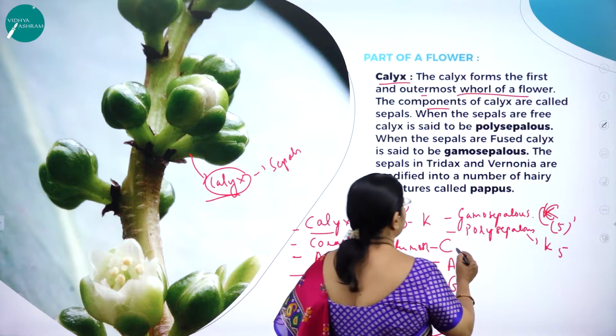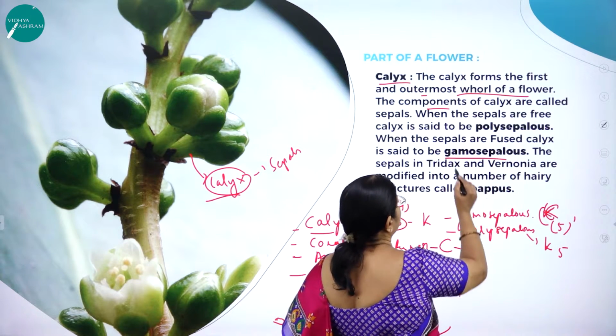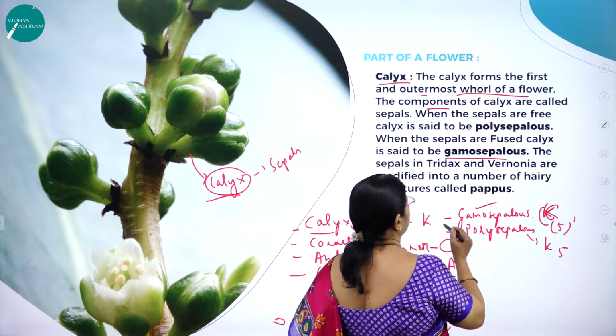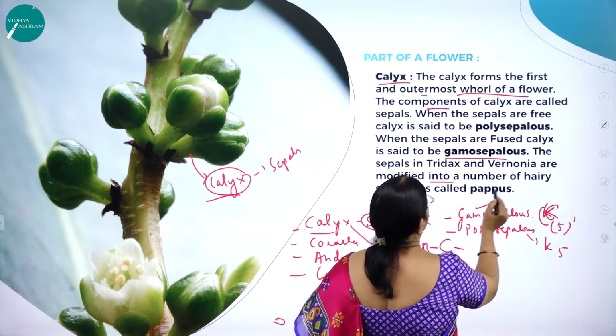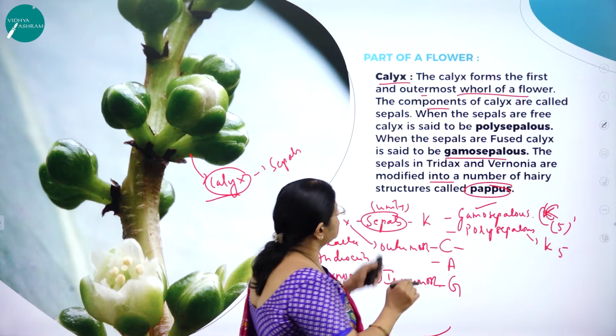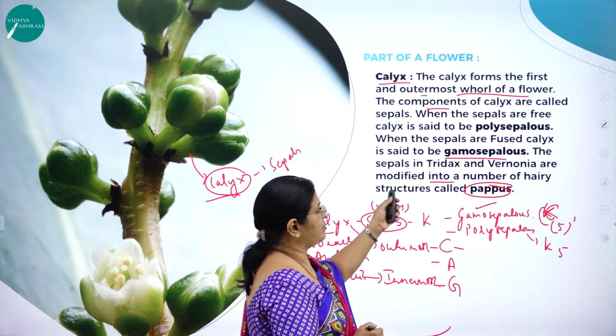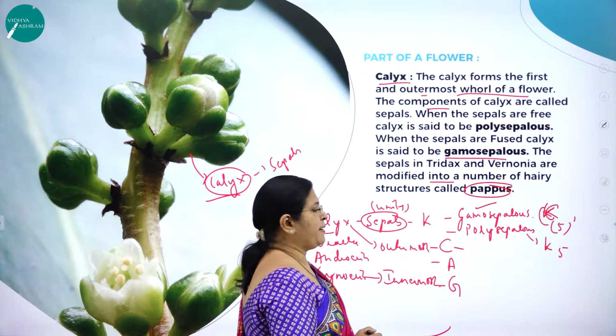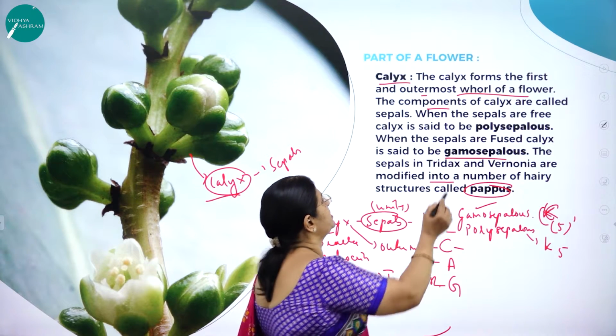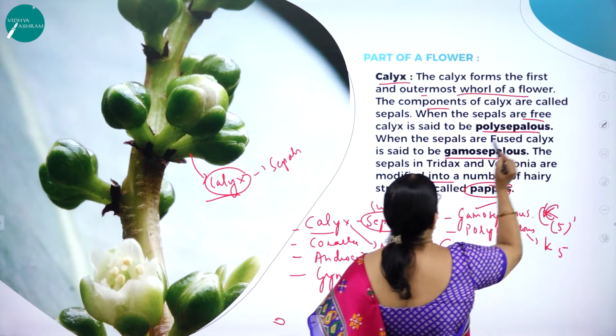So corolla. Same way, as I said, when the sepals are fused, we use a word called gamosepalous. Like for example, in some, the sepals in Tridax and Vernonia are modified into a number of hairy structures called pappus. Then, when the sepals are free, we use a word called polysepalous.